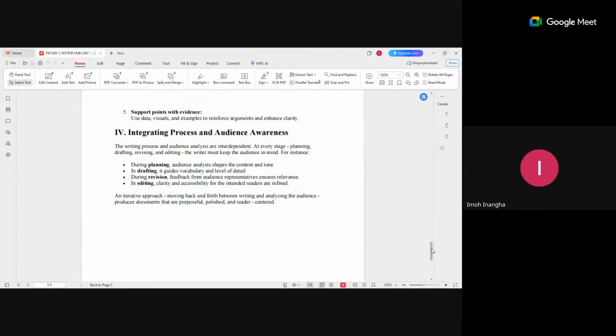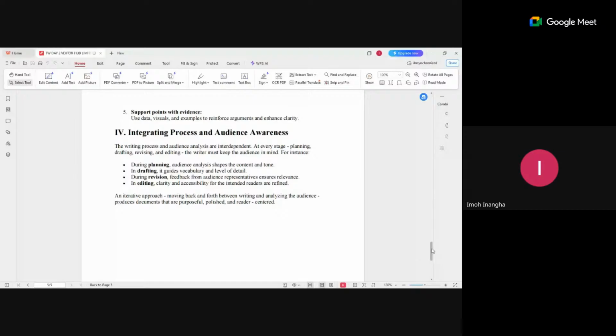Then in drafting, it guides vocabulary and level of detail. So while you are drafting, the level of detail is determined by the drafting process. During revision, feedback from audience representatives ensures relevance. Then in editing, clarity and accessibility for the intended reader are refined.